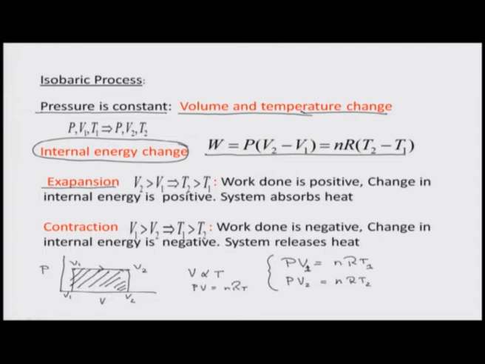So, V2 greater than V1 implies T2 is greater than T1. So, work done is positive. There is a change in internal energy which is also positive, because temperature has gone up. Internal energy being proportional to temperature for an ideal gas must also go up.